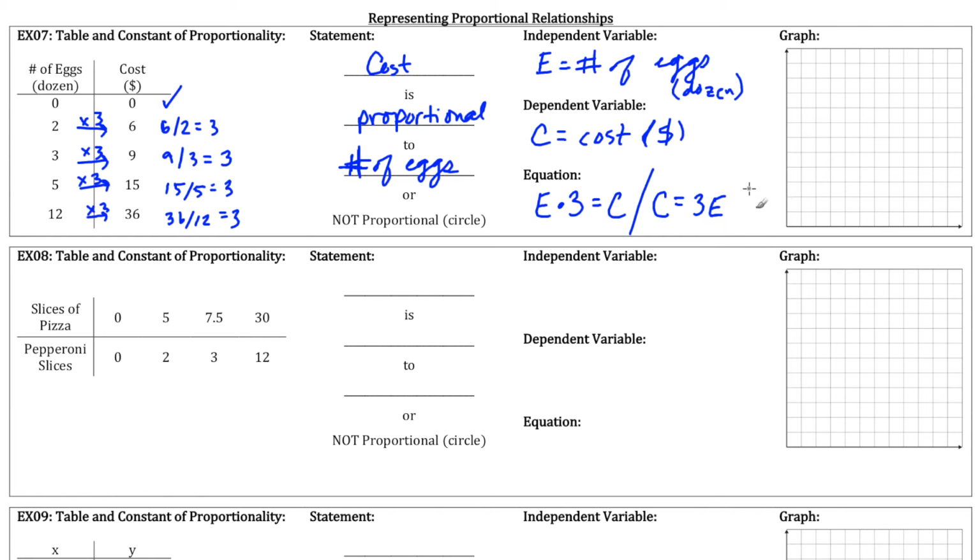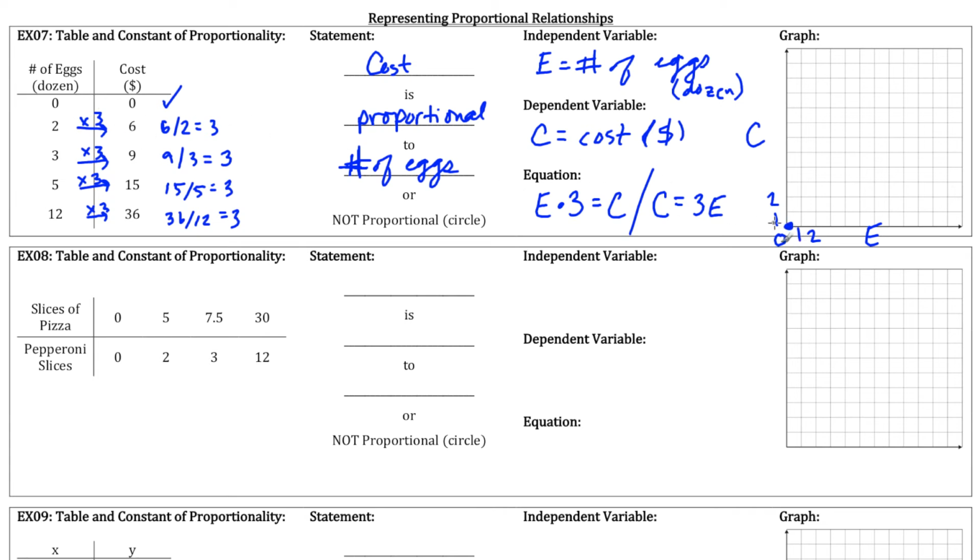Alright, so the one that is the topic, the one that we care about more, we'll go on the y-axis. So this will be cost, and then this will be dozens of eggs. Let's label this so we know what we're counting by. So we have 0, 0, good.